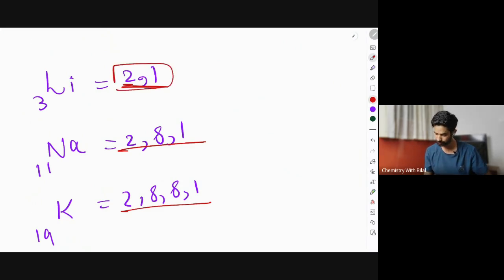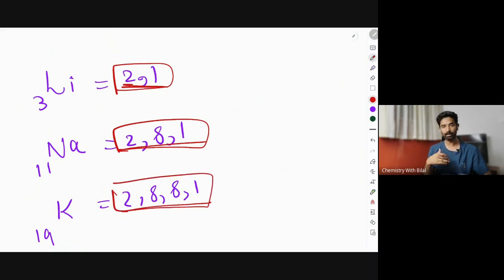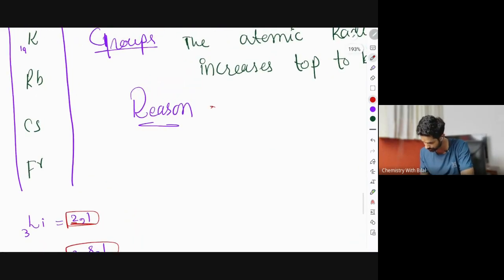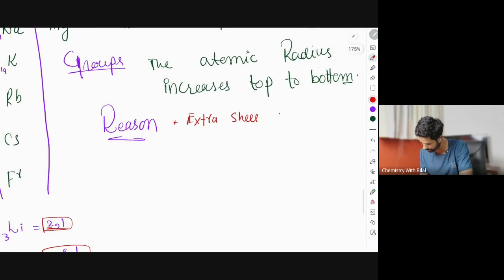This has 2 shells, this has 3 occupied shells, this has 4 occupied shells. So it is a very obvious reason. As you go down, atomic radius increases. Number 1 is extra shell is added.